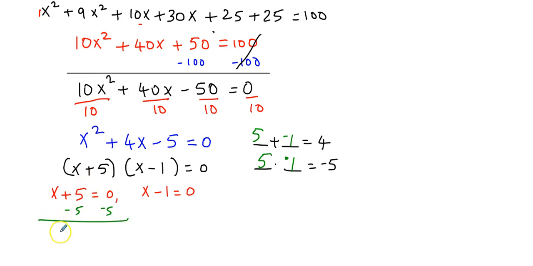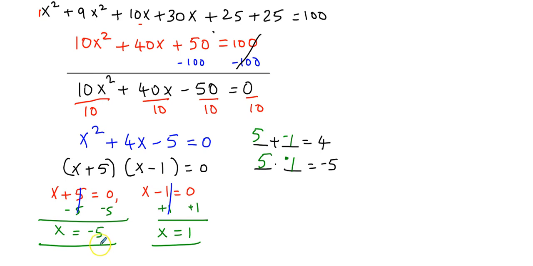Cancel that out, so you end up getting x is equal to negative 5. That's one value for x. And the other value for x: add 1 on both sides. This 1 got cancelled off, so you are left with only x is equal to 1. Let me cancel this. 5 and 5 gone, and here 1 and 1 gone.